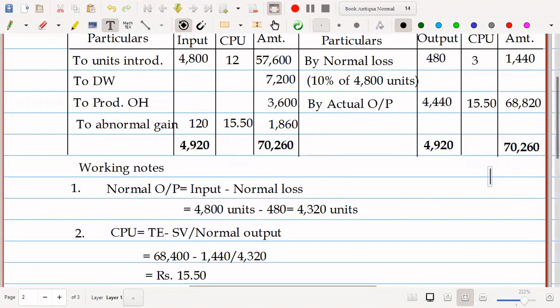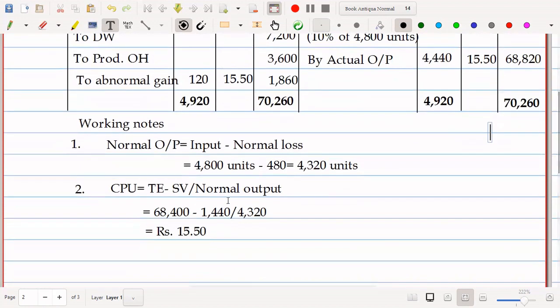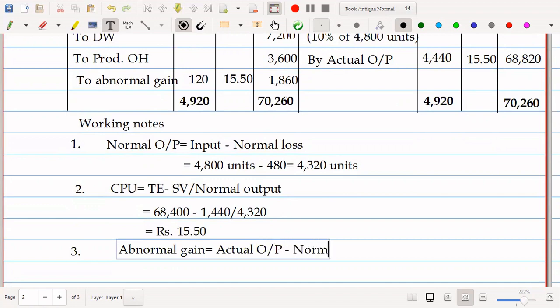Now let's write the formula for abnormal gain. Third working note is abnormal gain. Abnormal gain is equal to actual output minus normal output.